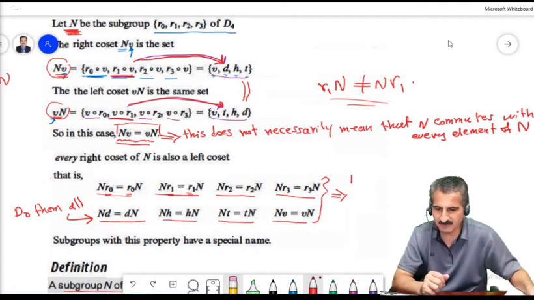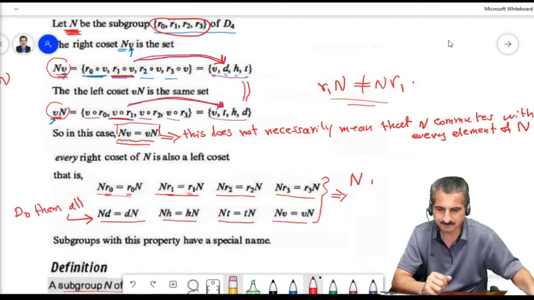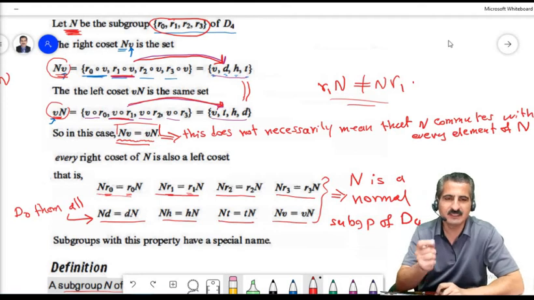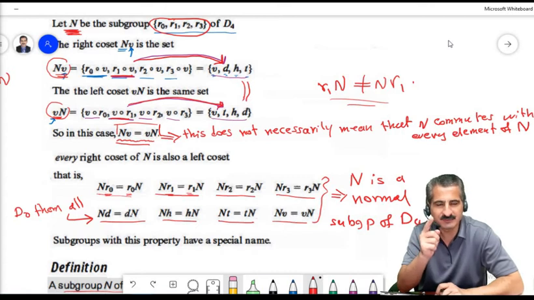Then we will say N, this subgroup here, which consists of the rotations of the square, is a normal subgroup of D4.